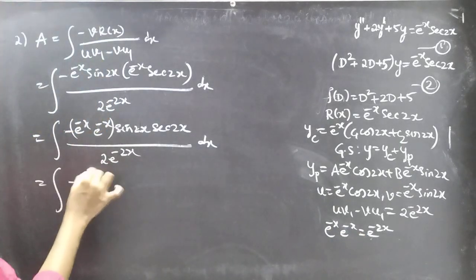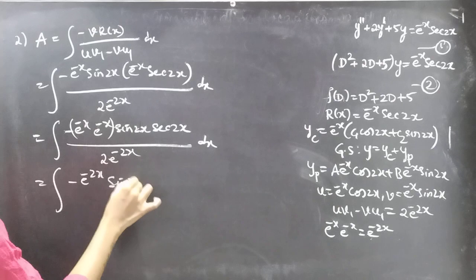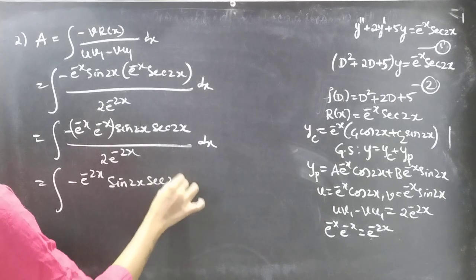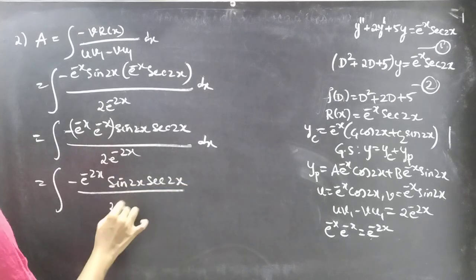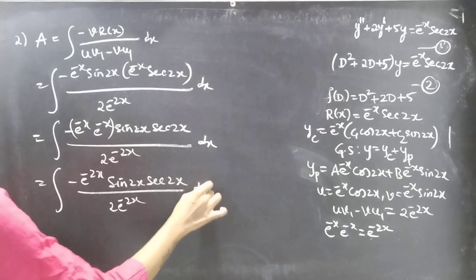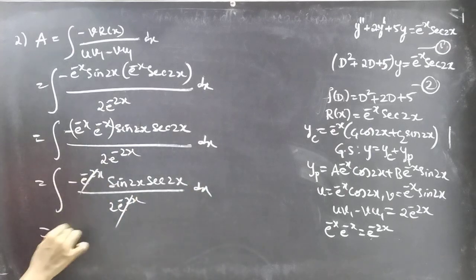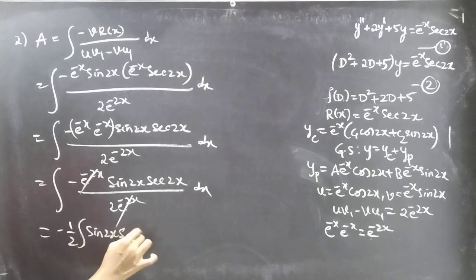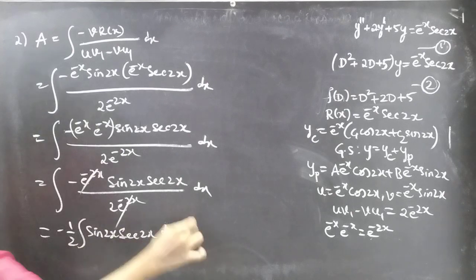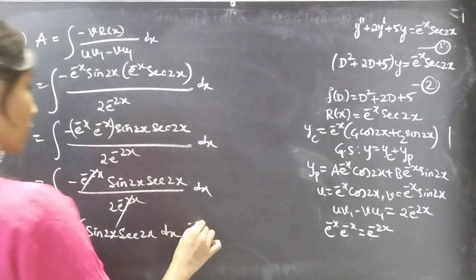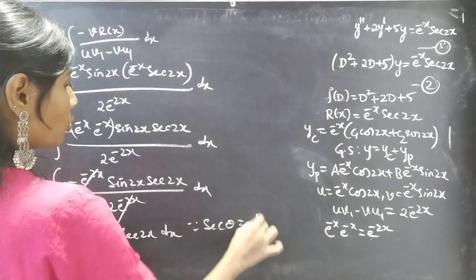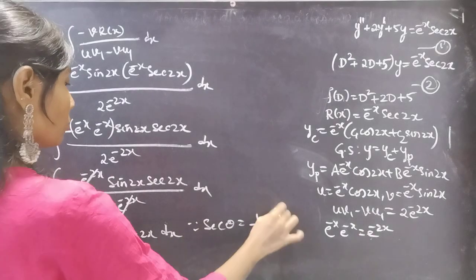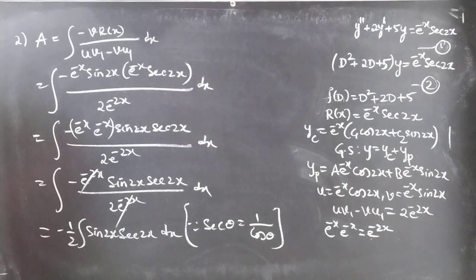This gives us e power minus 2x sin 2x secant 2x by 2 e power minus 2x dx. Here e power minus 2x gets cancelled. We'll get minus 1 by 2 integral sin 2x into secant 2x dx. Since we know that secant theta is the reciprocal of cos theta, we can replace secant 2x with the reciprocal of cos 2x.